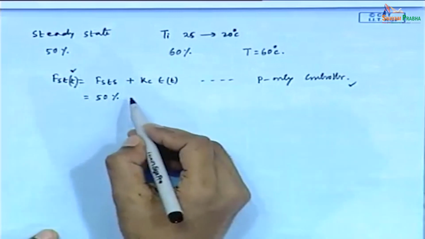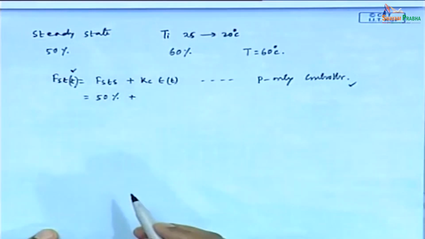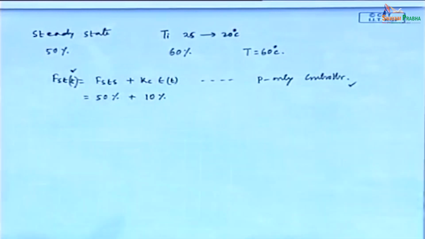Fine. And how much will the second term be? How much will be Kc epsilon(t)? Remaining 10%. Agree or not? Fst,s is the steady state value of Fst. We have considered 50% opening at steady state.